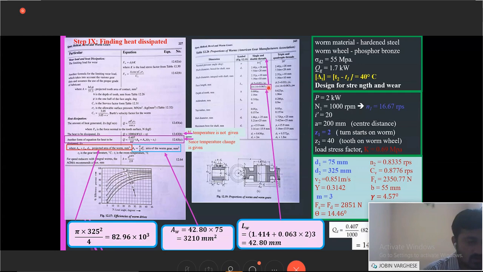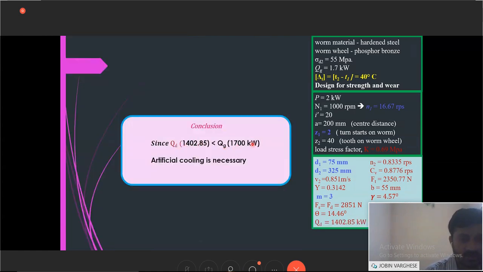Now calculating all the values here, we get AG, AW, LW, and substituting, we get the heat dissipator equal to 1402.85. The heat dissipated is less than the heat generated, that is 1700, which is already given as 1.7 kilowatts. Sorry, 1000 is wrong, it is 1700 watts.